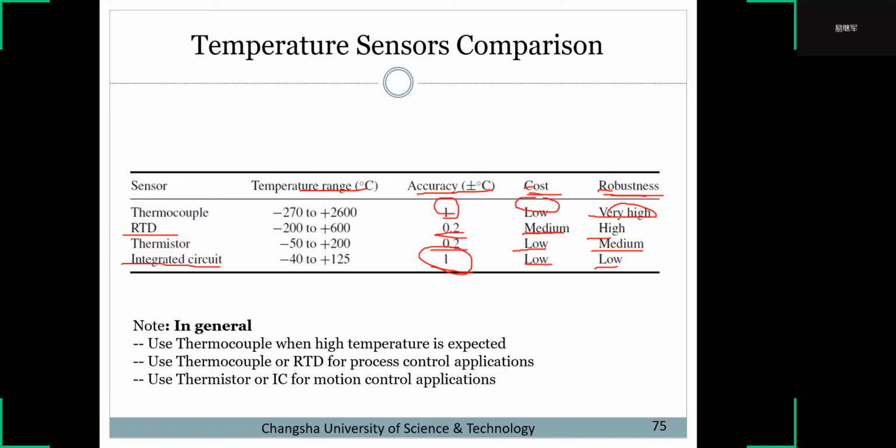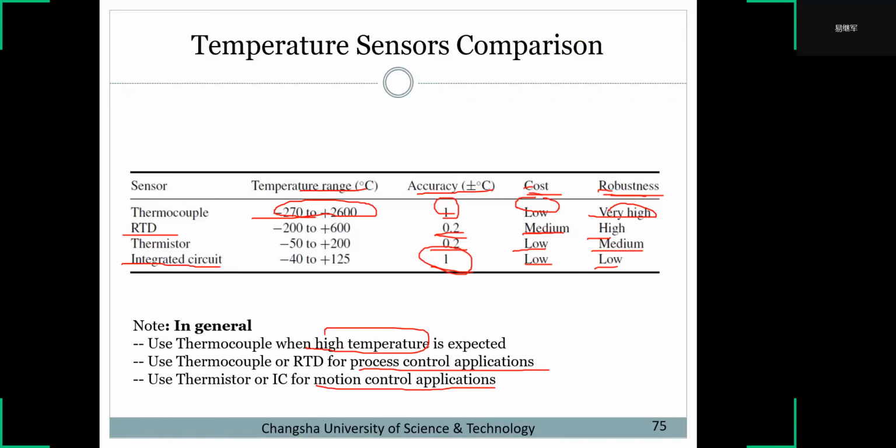In general, use a thermocouple when high temperature is expected. Use a thermocouple or RTD for process control applications. Use a thermistor or IC for motion control applications.